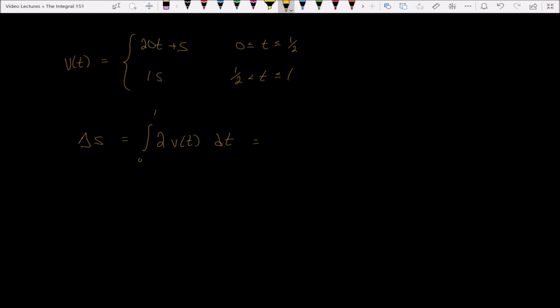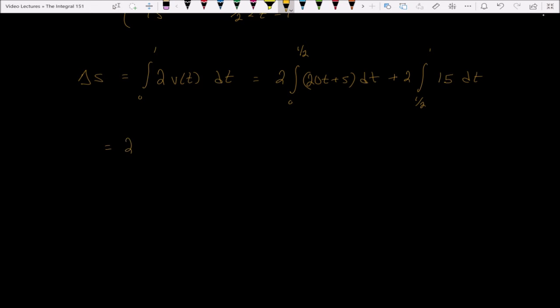Now we have two integrals we have to consider. First goes from 0 to a half, and that'll be 20t plus 5. The second goes from a half to 1, and that'll be of just 15. Right, so the first integral is for the first half hour of his trip. The second integral represents the second half hour of his trip.